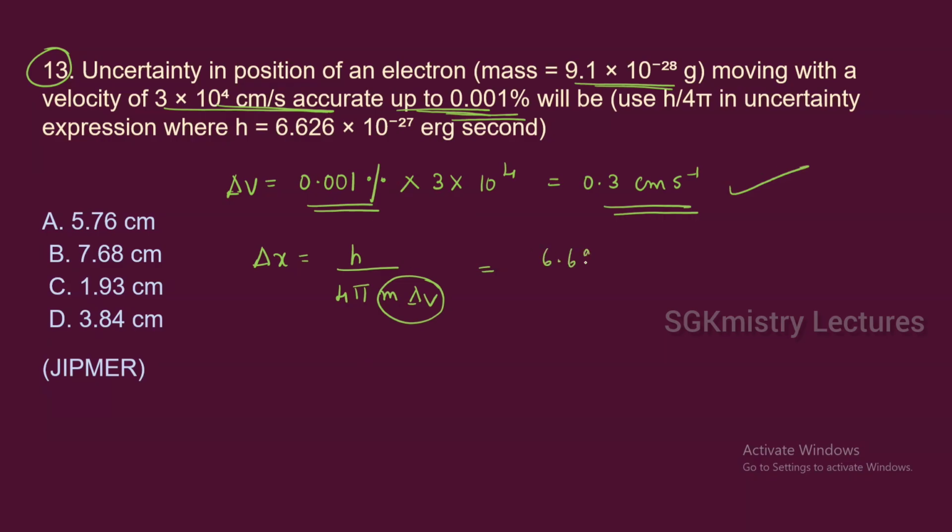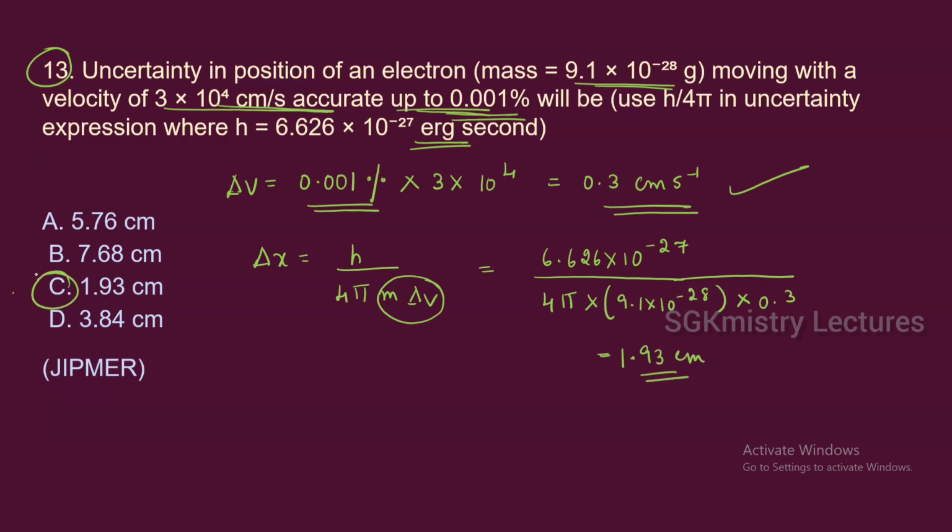So 6.626 into 10 to the power of minus 27, since it is given in erg second, that's why minus 27. Now 4 pi into the mass of the electron, given as 9.1 into 10 to the power of minus 28, again given in grams, into what is delta V? It is 0.3. So when we do the calculations, we get it as 1.93 centimeter.